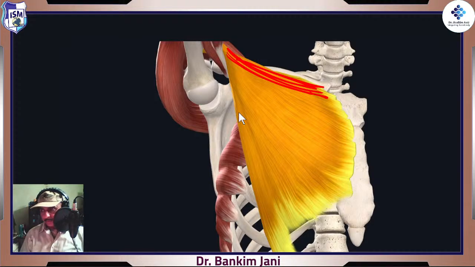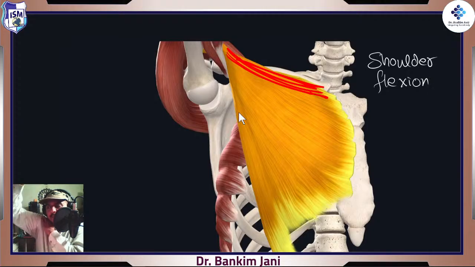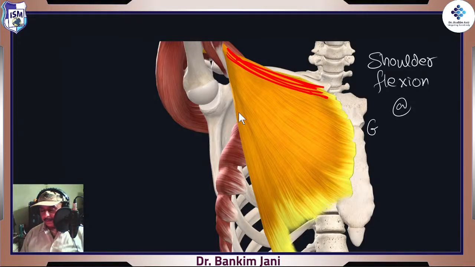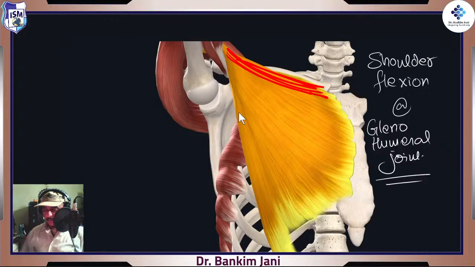So that is what is called shoulder flexion. When the shoulder, see that surface is coming near. This surface is coming near. So that is shoulder flexion, and it is occurring at the glenohumeral joint. Now that's a new word. Humeral makes sense, right?